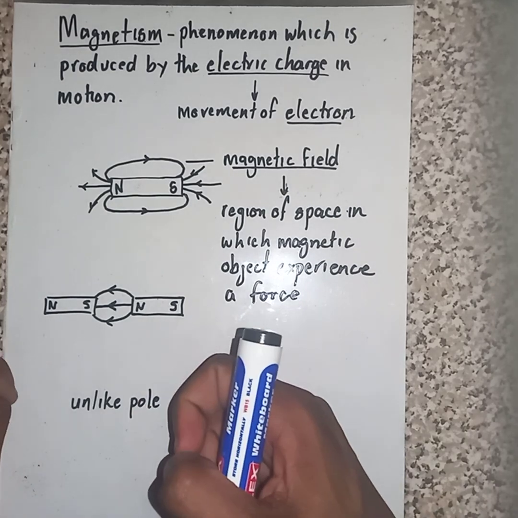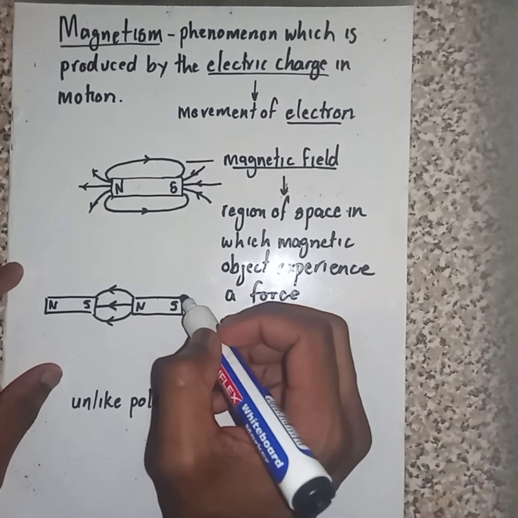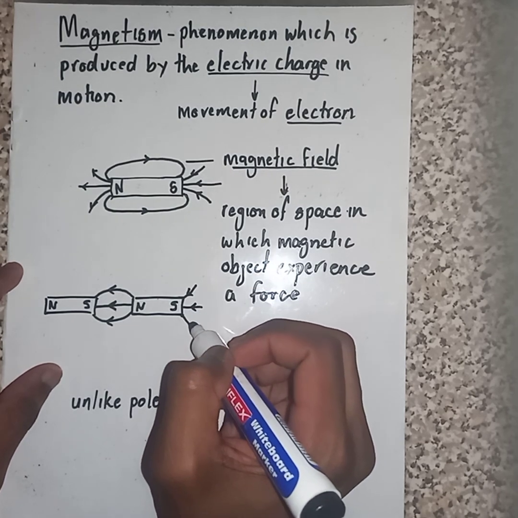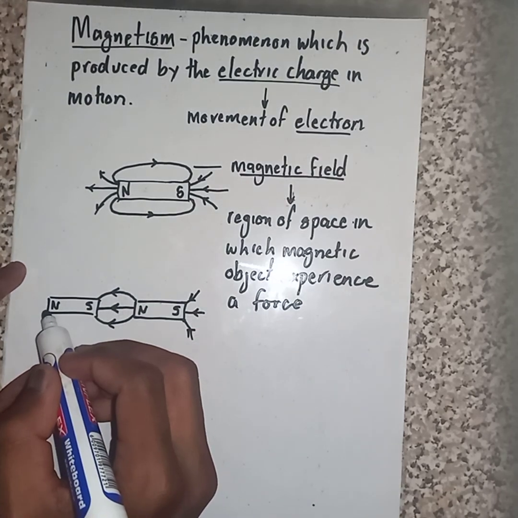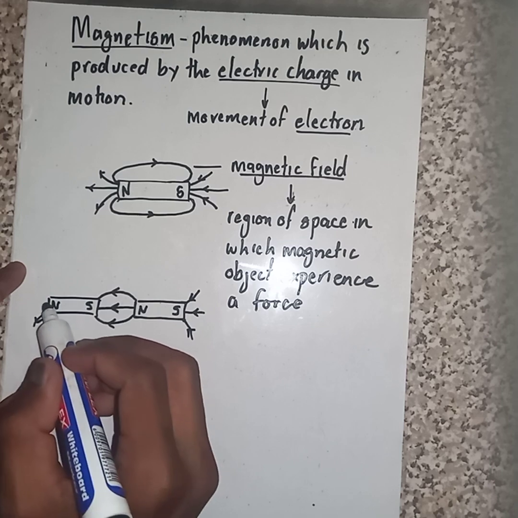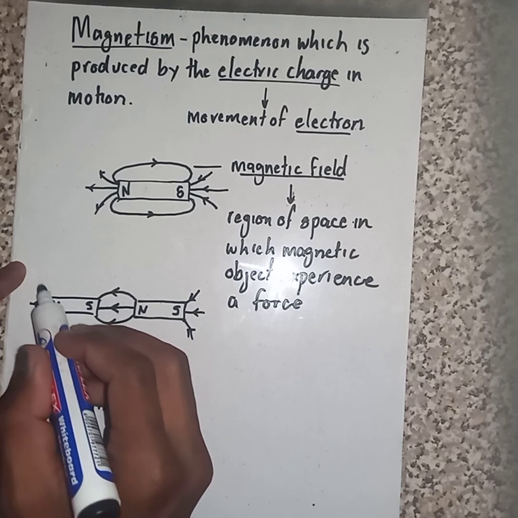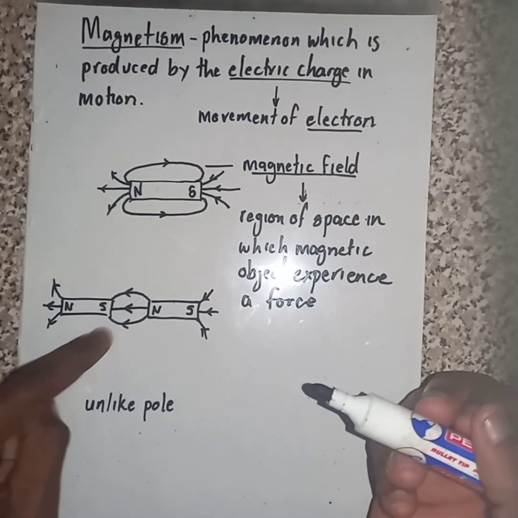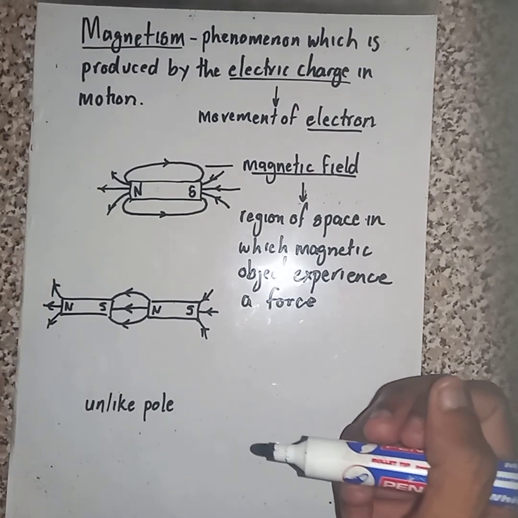Then in this case, we get what now? Towards this side, away this side, away like this. You see, in this situation, we get what?